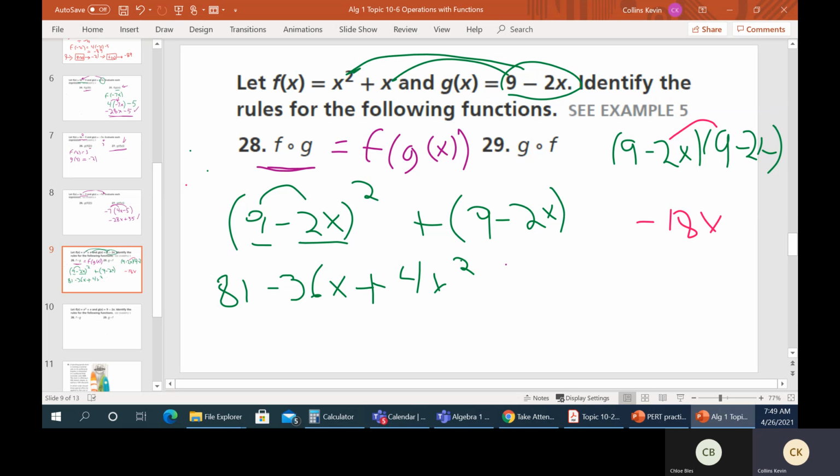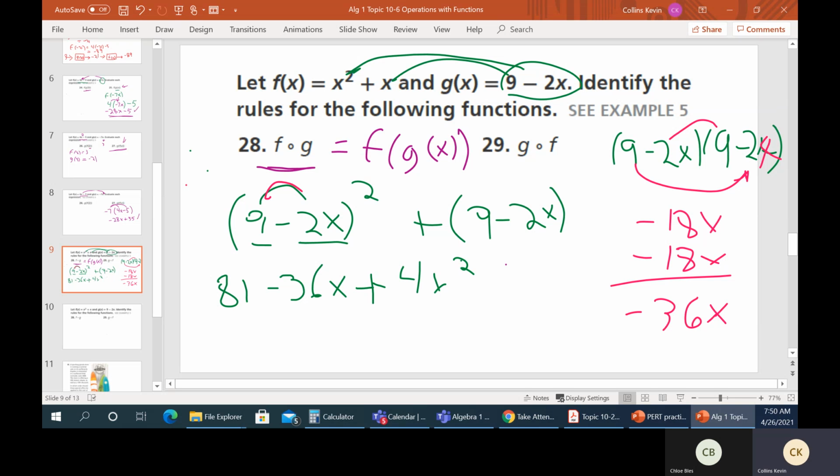Then if you do 9 times negative 2x, you get another minus 18x. Minus 18 and minus 18 is minus 36x. So what we discovered over time is that if I multiply these two guys together, I get minus 18x. But I know that's going to happen twice because it happens twice when you FOIL it. So that's how we get the 36.